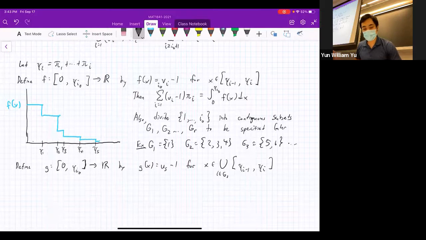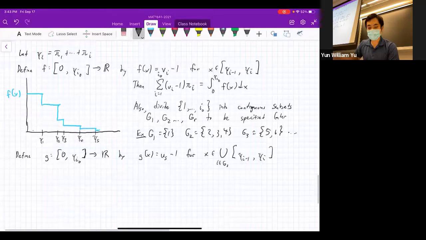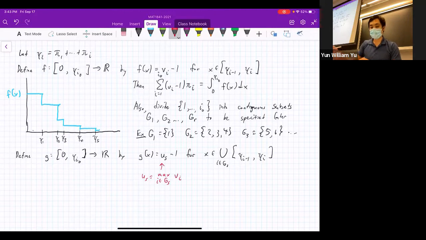I haven't defined US yet. So let US be equal to the max over I in GS of VI. So the largest one, which will always be the first one, the max value in each group.